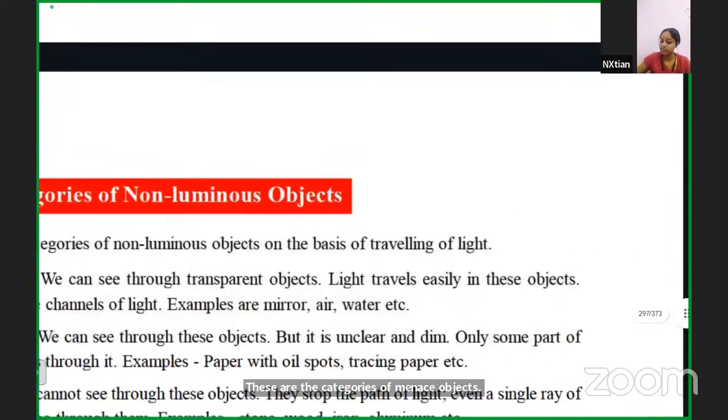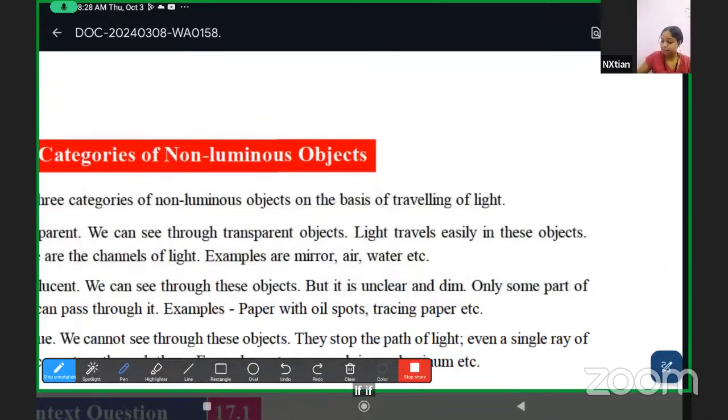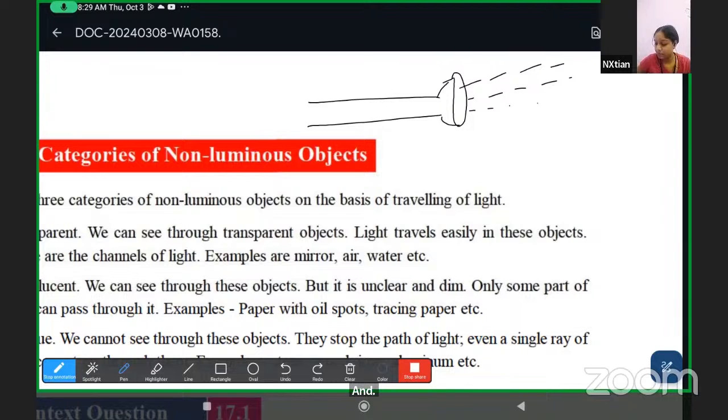Now suppose I have a torch here, and it's turned on. Light is passing through.